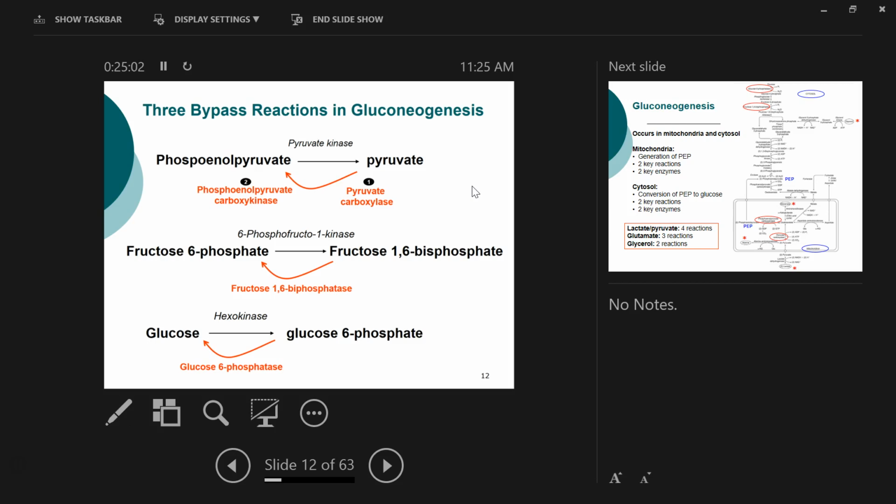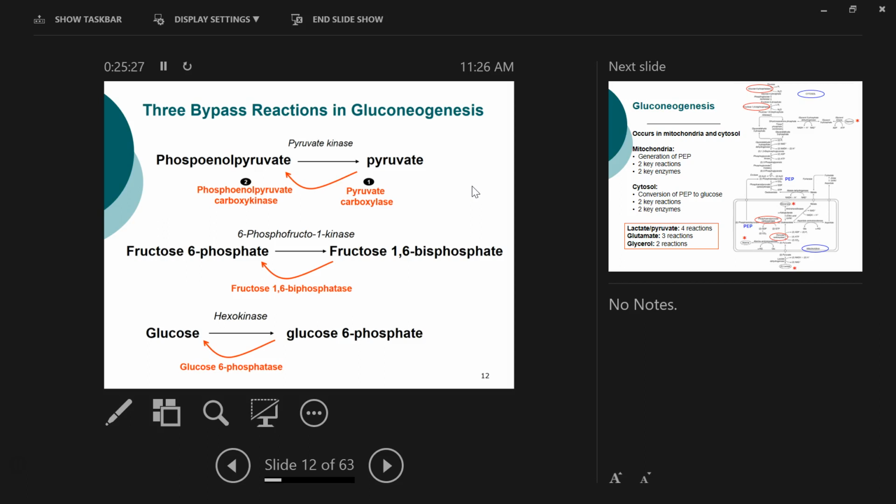And the middle one is fructose 1,6-bisphosphatase, and this enzyme catalyzes the opposite direction, the reaction from fructose 1,6-bisphosphate converting to fructose 6-phosphate, right?